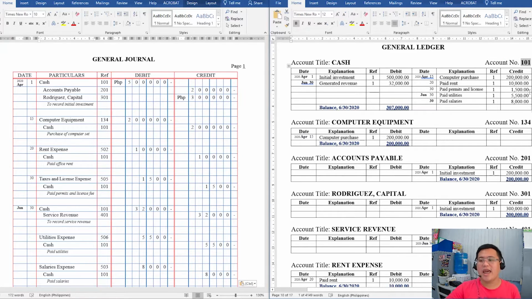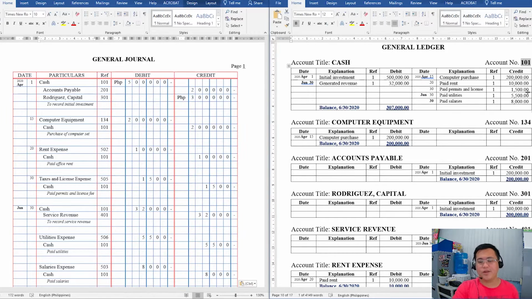So when I say ledger 101, this refers to cash. When I say ledger 301, this refers to Rodriguez Capital. When I say ledger 134, this refers to the ledger of computer equipment. So that is the very essence of a ledger. So usually, when we do posting, we are sorting our journal entries from our general journal sheets.